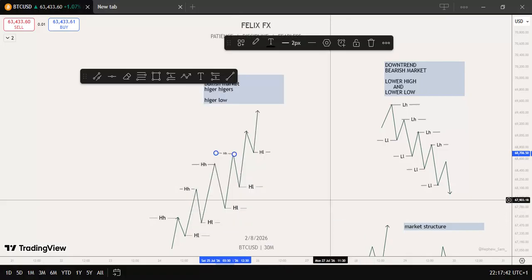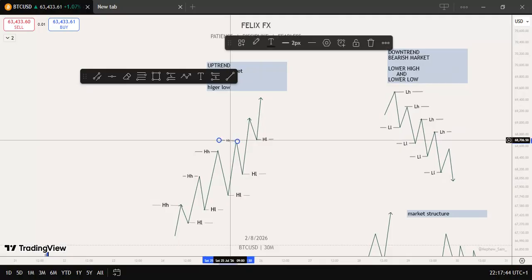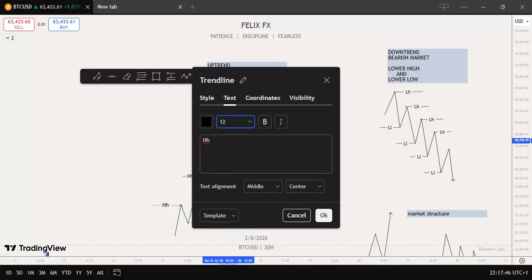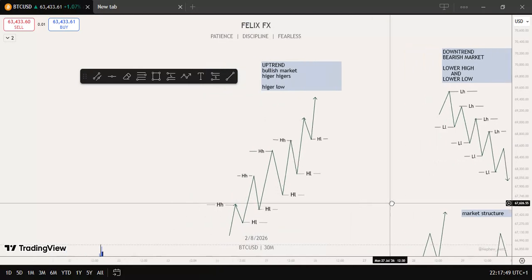Here's your higher high. So this is for uptrend.